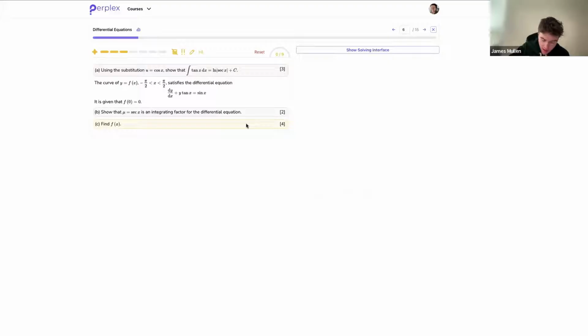Okay, so now what I do is I take mu, which we said was secant of x, and I multiply through the entire equation by secant of x. So now I have secant of x dy over dx plus y, and I'm going to write tan x as sine x over cos x, times secant x, which is 1 over cos x, is going to be equal to sine of x times secant, so 1 over cos x.